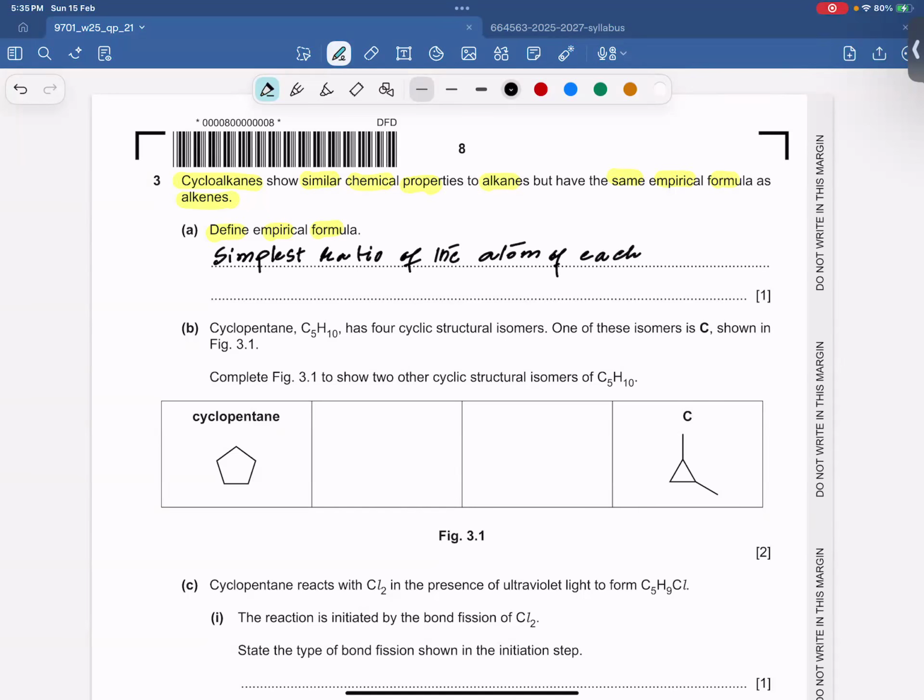The simplest ratio of the atoms of each element in a compound is called empirical formula.